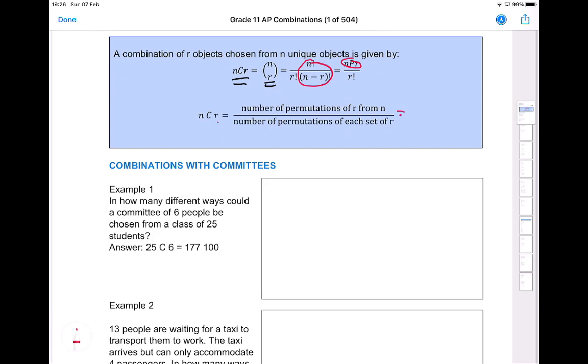Now that means we're picking from n, r different objects, and that should be divided by the number of permutations of each set of r. That is where you will get your r factorial down here.